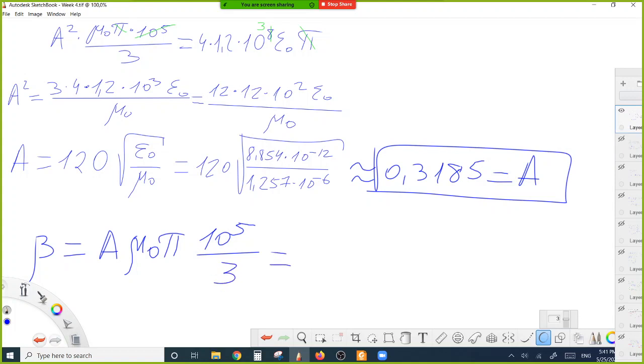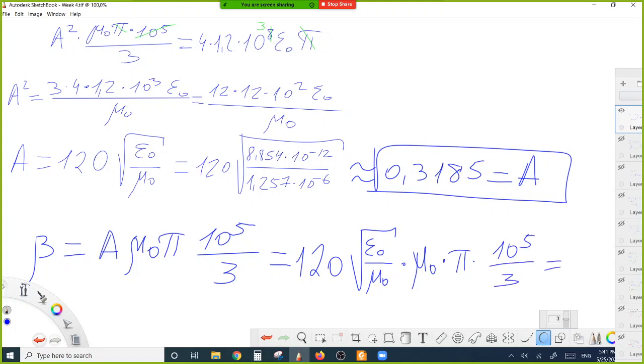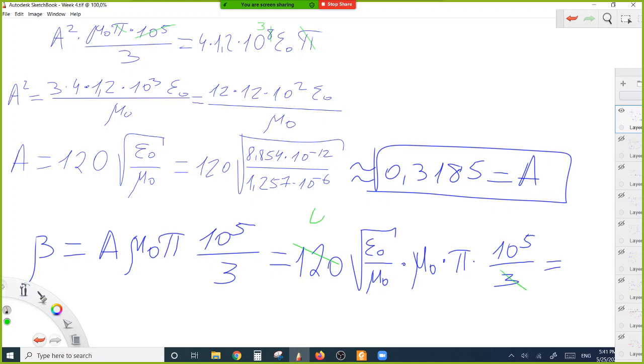If we put this value instead of a, what do we get? 120 square root of epsilon 0 by mu 0 multiplied by mu 0 multiplied by p multiplied by 10 to the power 5 divided by 3. This is equal to this one, and this one simplifies. Here we will have 40.